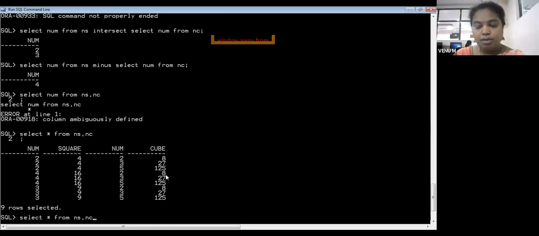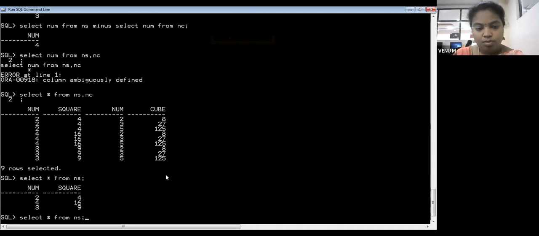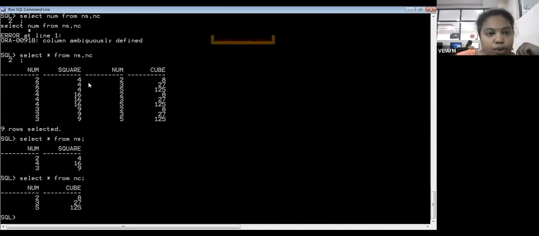Here 2, 4 has to be mapped with 2, 3, 5. 4, 16 is mapped with 2, 3, 5. 3, 9 are mapped with 2, 3, 5. Cross product acts like a normal join.